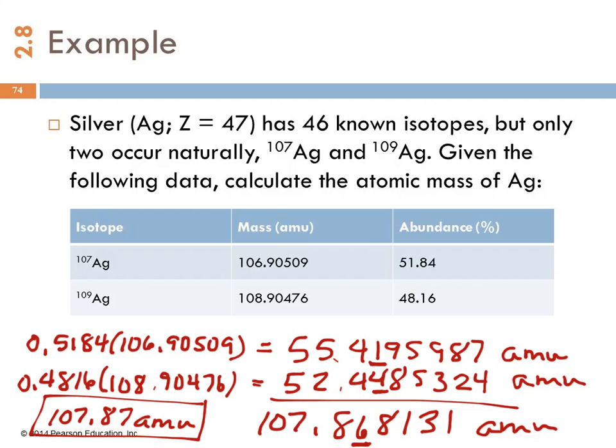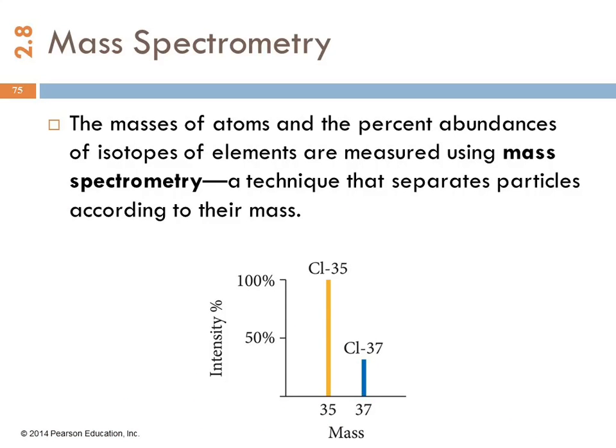What's really fun is when they give you a problem where they'll give you the average mass and then they'll ask you for one of these pieces of information. Those are fun 1A problems. How do they figure out the masses of atoms and the percent abundances? Well, they do it using mass spectrometry.